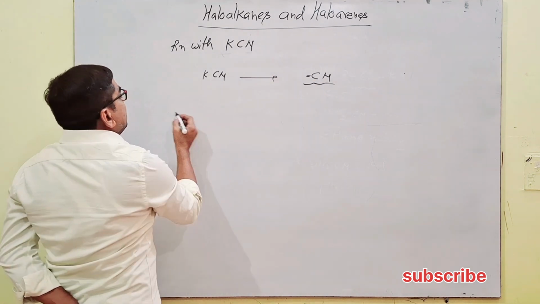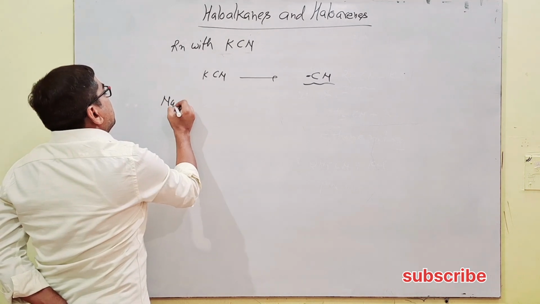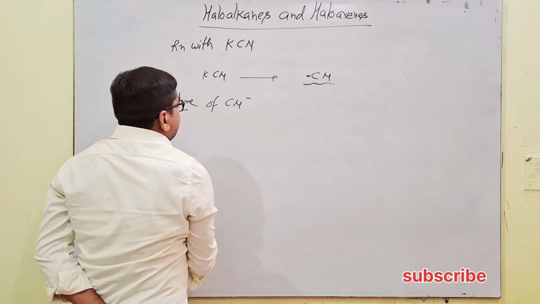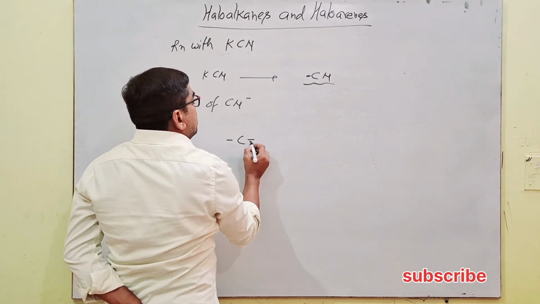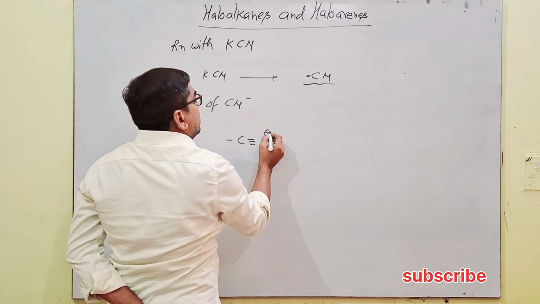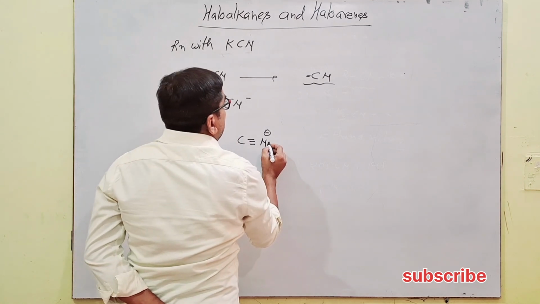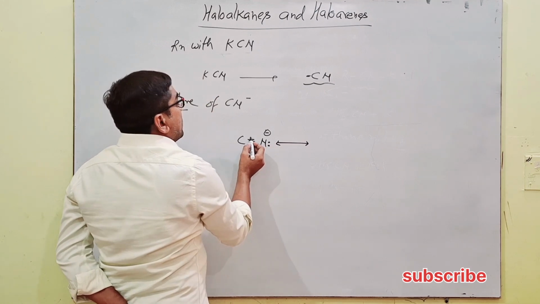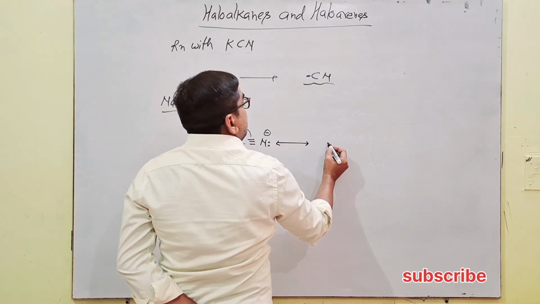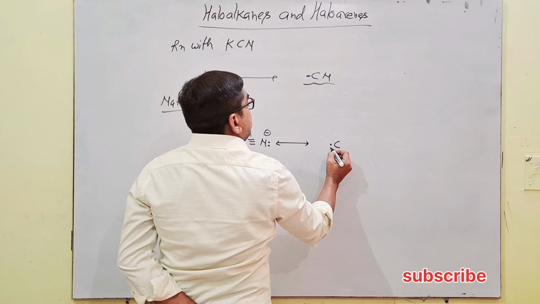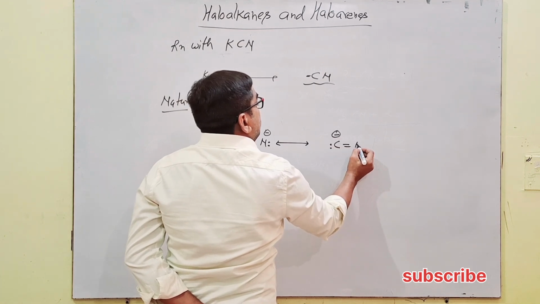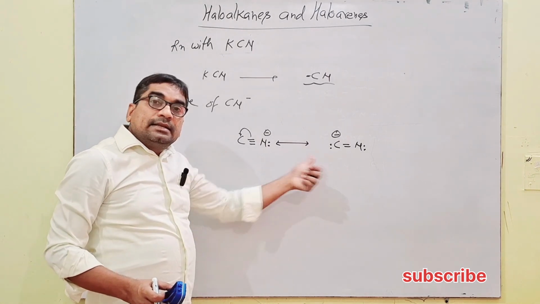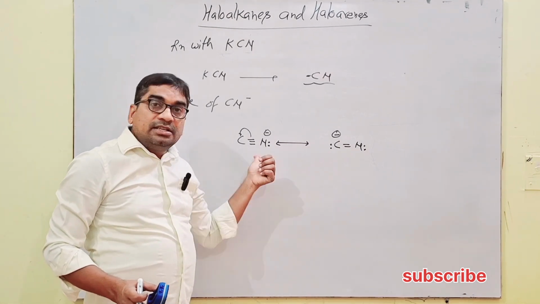Since we know the nature of CN, cyanide is C triple bond N, negative here. In the next resonating structure, the C takes electrons, so it becomes C with a negative charge, double bond N with a lone pair. This is an ambident ligand, ambident in nature.